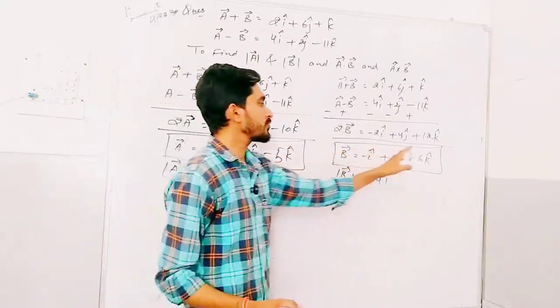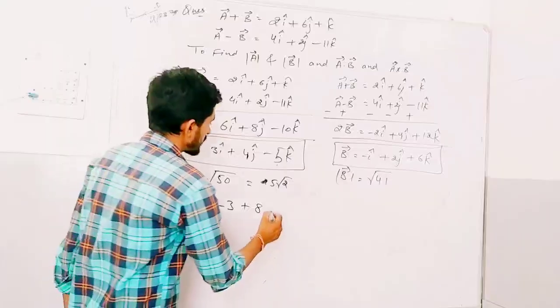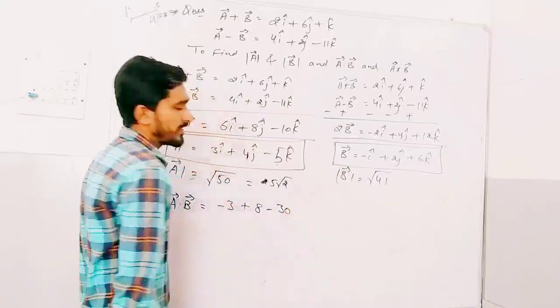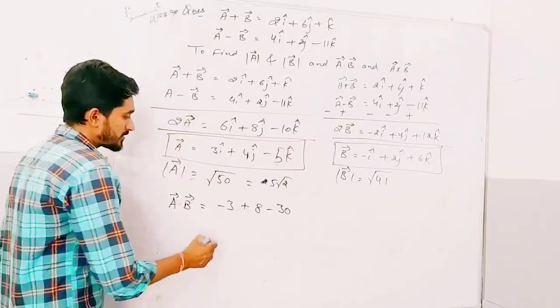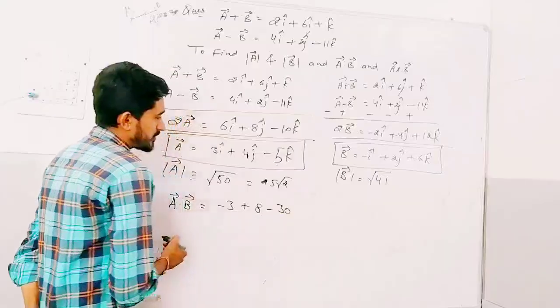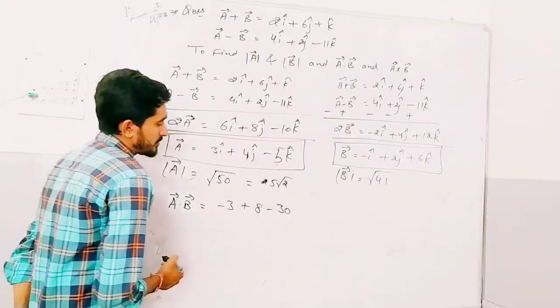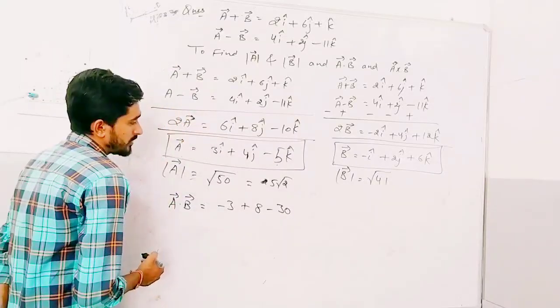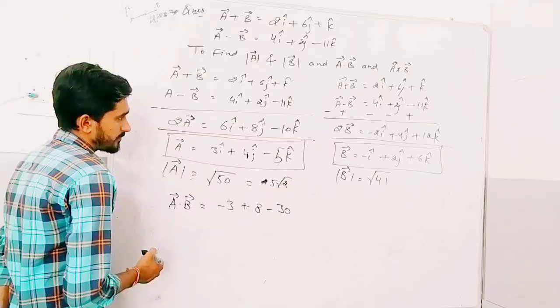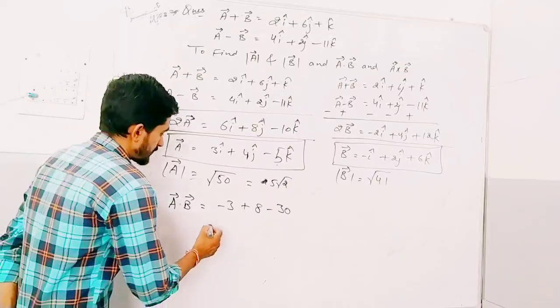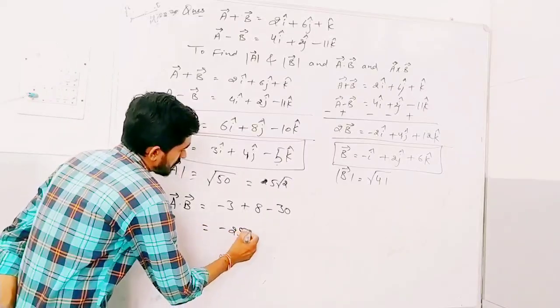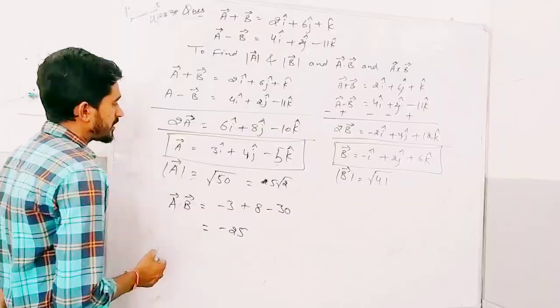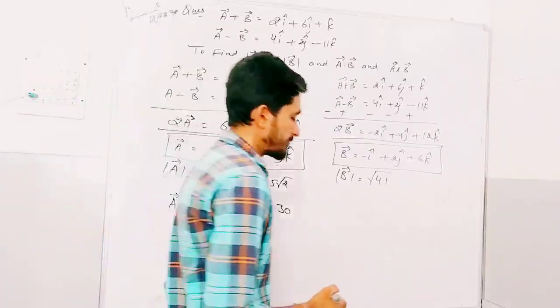Minus 5 into 6 gives minus 30. And then the final answer becomes minus 3 plus 8 minus 30, that is minus 25. This is the answer for A dot B.